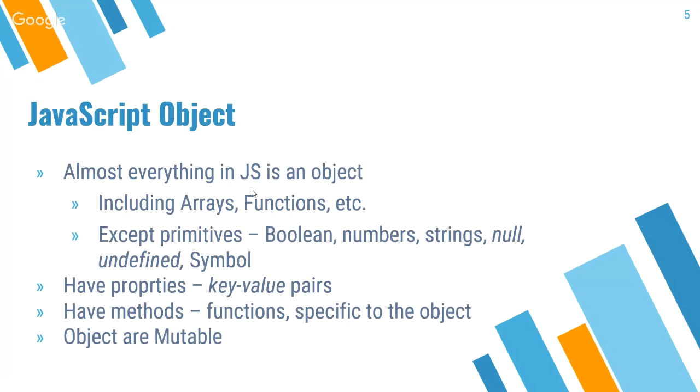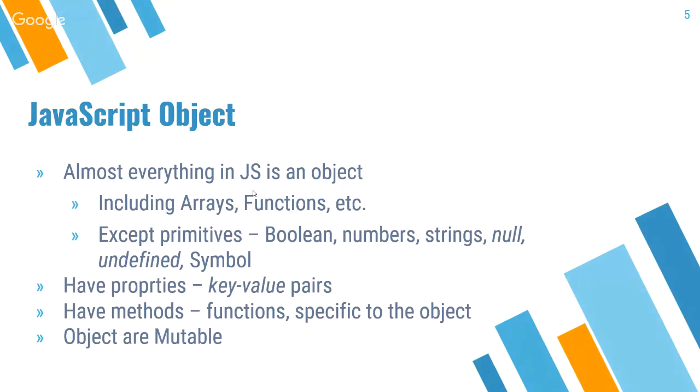So we can store as many variables in the form of properties as we like, which is a very neat way to store any kind of data in our apps. So a property is essentially a key value pair. We can use the key to access the value of the property.